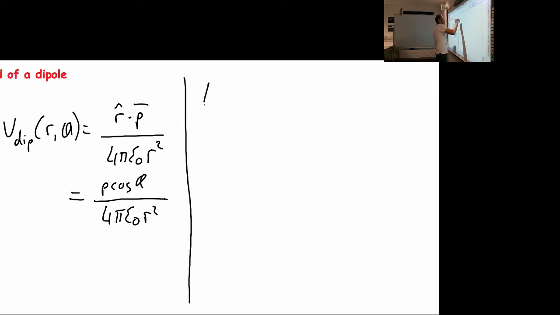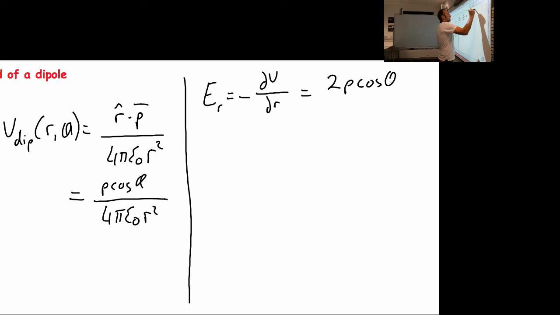The electric field in the r direction will be minus dV over dr, which will equal 2p cos theta divided by 4 pi epsilon naught r cubed. Okay, so that's the electric field in the r direction.